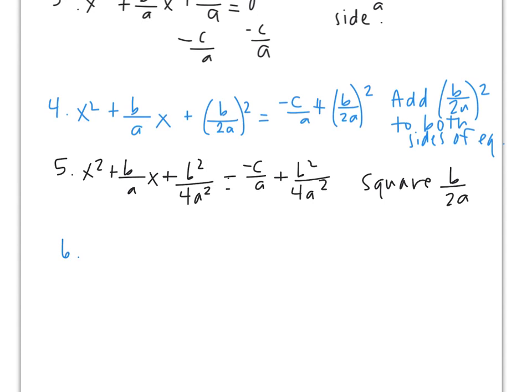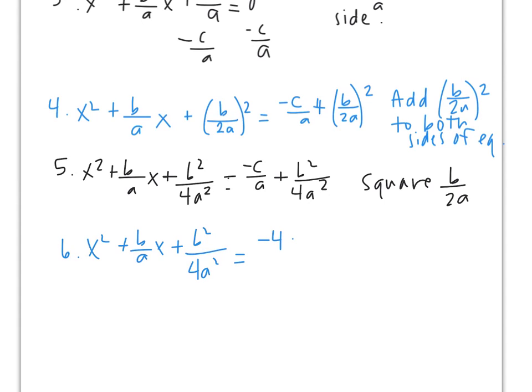Okay, step 6 now is let's go ahead and get a common denominator on the right-hand side of negative c over a plus b squared over 4a squared. Let's get a common denominator so we have one fraction. So the common denominator of a and 4a squared would be 4a squared. So I have x squared plus b over a x plus b squared over 4a squared equals, now if I multiply that first fraction by 4a, I have to multiply it by the top and the bottom.